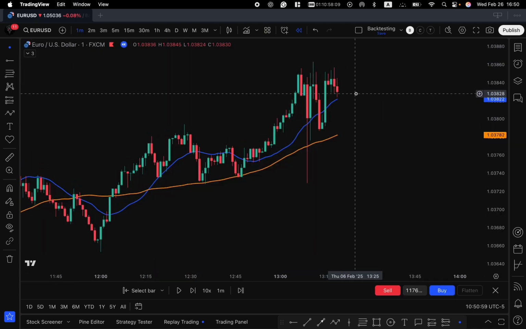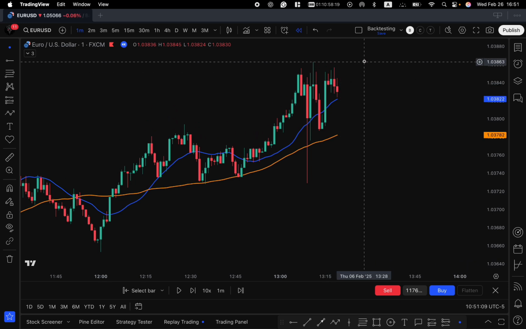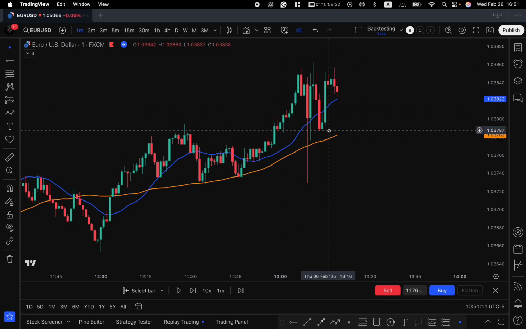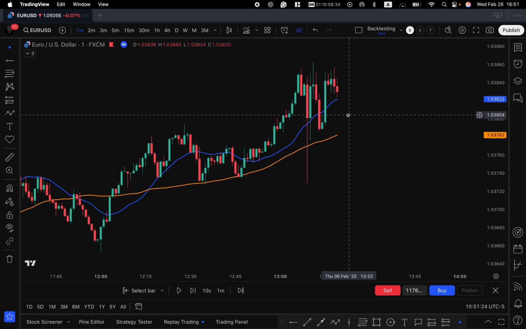Okay. So for example, you want to trade a binary option right here. You believe that the price is still going to travel higher because it's obviously above both moving averages, and it's near this one, and it should get supported right around here. So for binary options trading, you should select an expiration time.